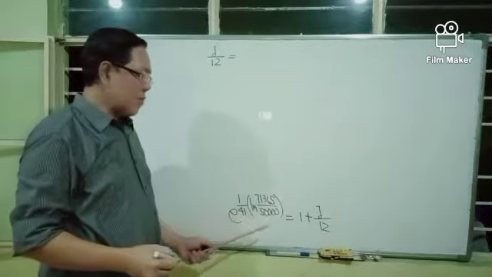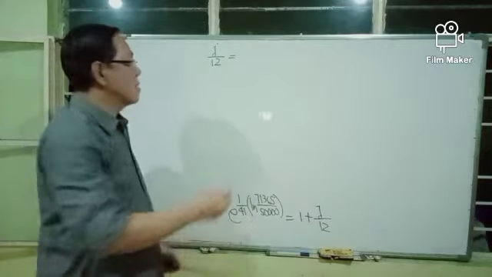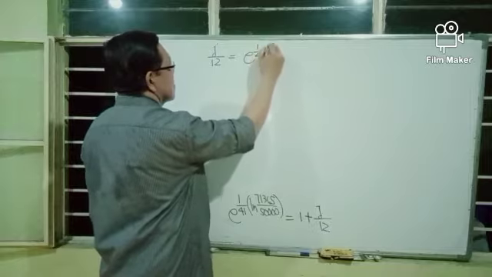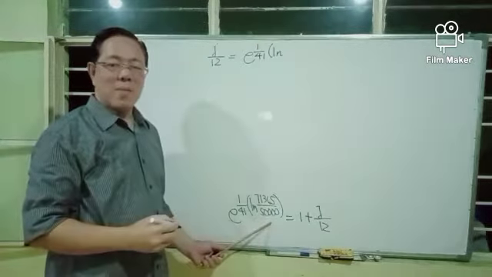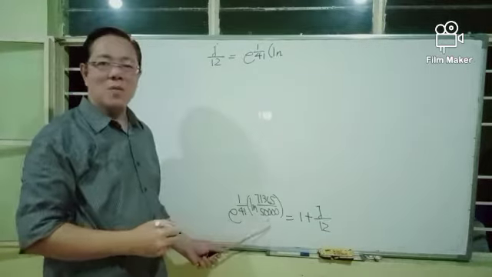At the left hand side, we have e raised to 1 over 41 multiplied by ln of 71,365 over 50,000.